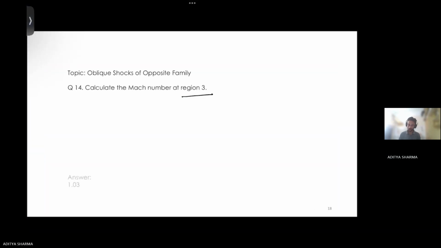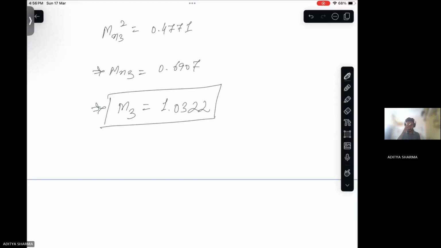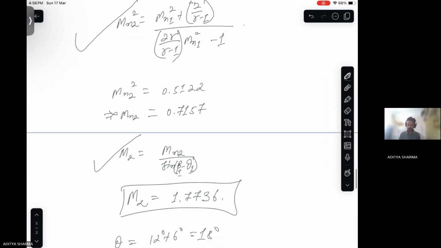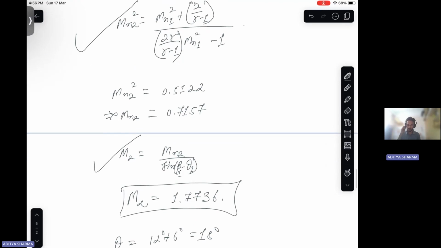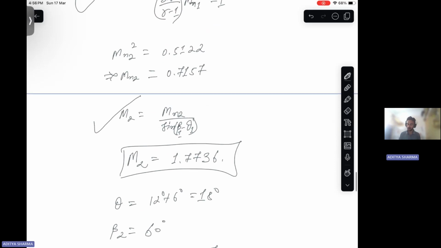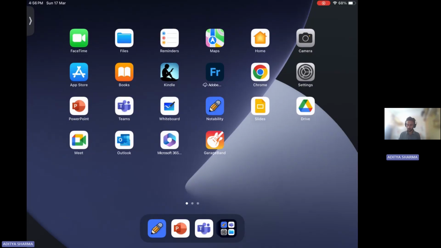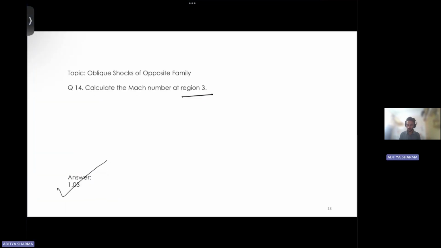And if you see, while using this formula, M2 equals Mn2 by sine beta 1 minus theta 1, whether I have taken the correct theta value or not, I doubt it, but I believe I have taken the correct value. But if there is some mistake, please let me know, right? All right, so this was about question number 14.